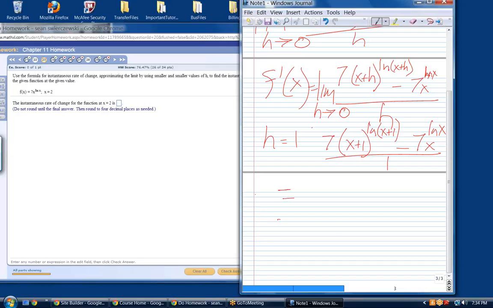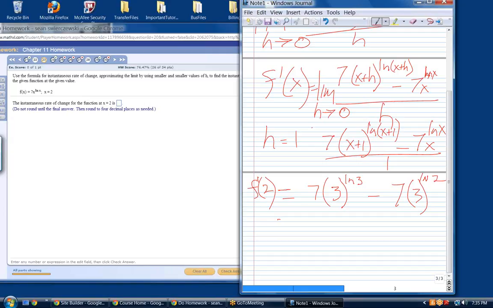In other words, let's evaluate f prime of 2. I'm not sure what to call this, whether it's f prime or not. But it's 7 times, when x is 2, this is 3, raised to the natural log of 3, minus 7 times 3 raised to the natural log of 2.